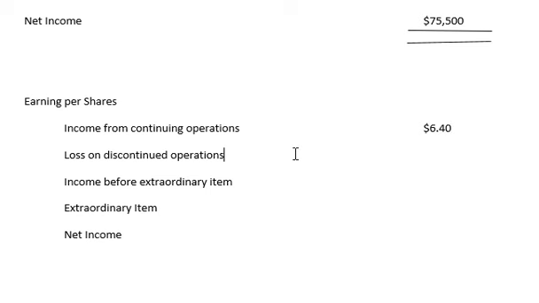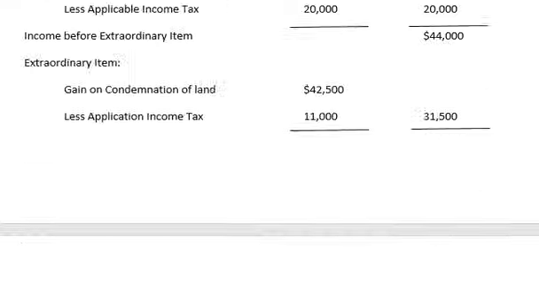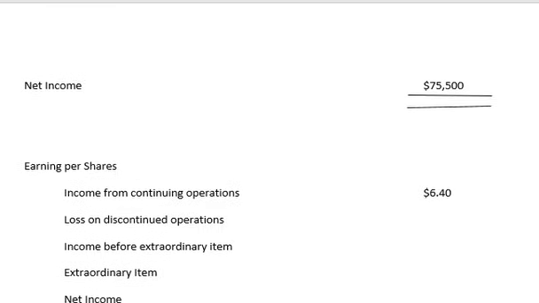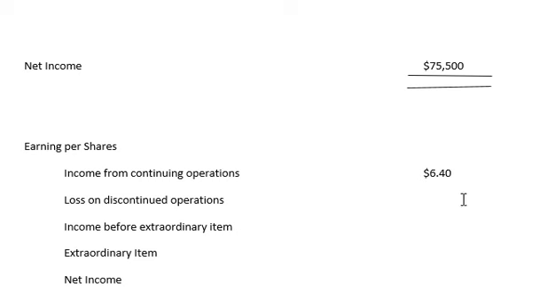The next one, the loss, is this number in here, $20,000. So 20,000 divided by 10,000 gives 2. 6.4 minus 2 gives 4.4.